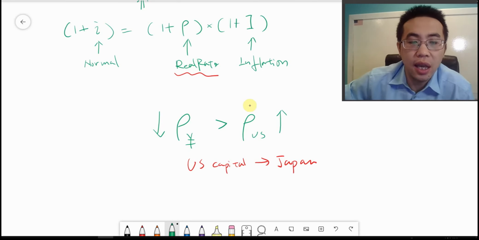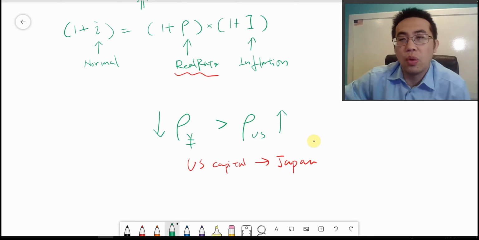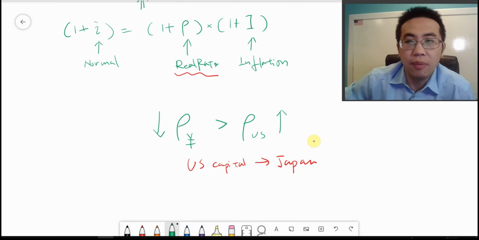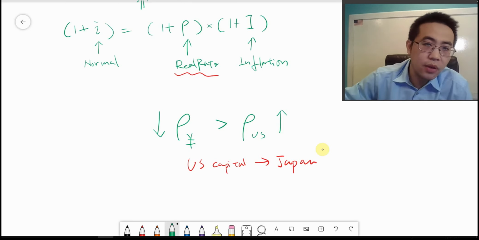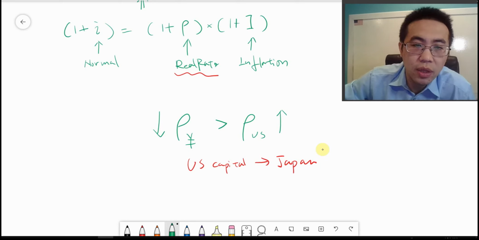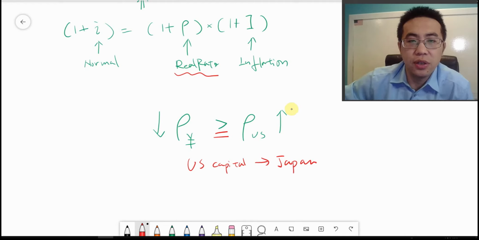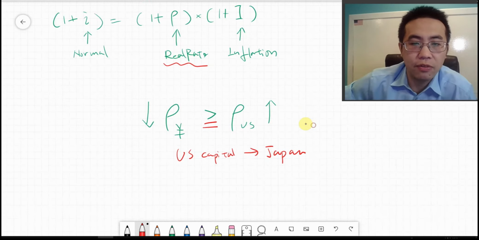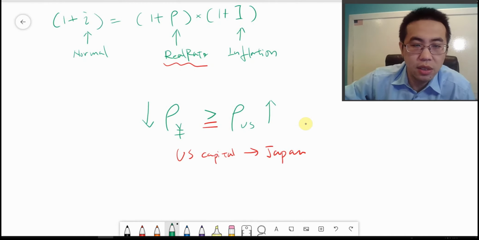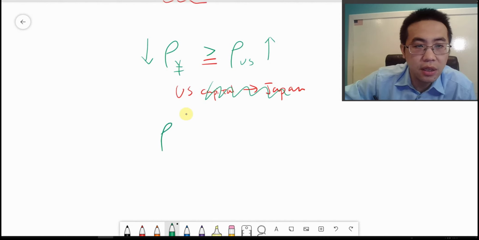Once again, it is the real rate that we want to focus on here, which is the nominal rate minus the inflation. So as a result, when the left-hand side is getting down and the right-hand side is getting up, they will converge to each other, and there would be no capital flight anymore. Here's another example.